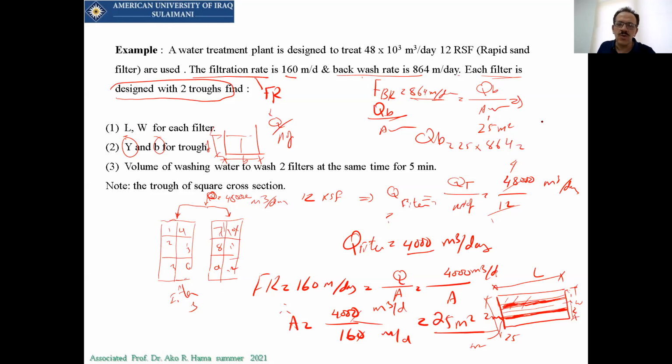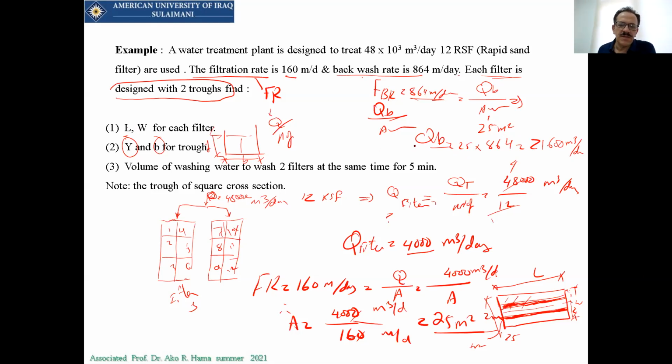And this is the whole backwashing, which is equal to 25 times 864, 21,600 meter cube per day. This is for both backwashing. It means this is the flow that's needed just to backwash the filter.